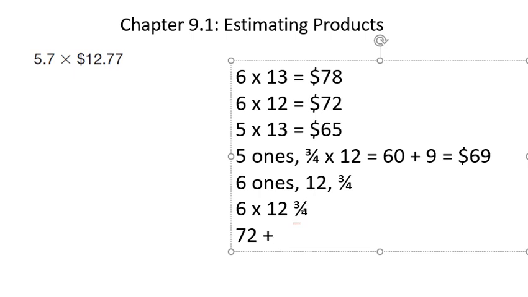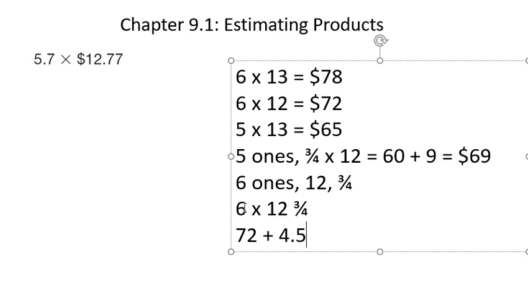So even though it's still not a whole number, I've rounded my 12.77 to 12 and 3/4. I'm making it a number that makes more sense to me. Now, what is 3/4 of 6? 3/4 of 6 is 4.5.